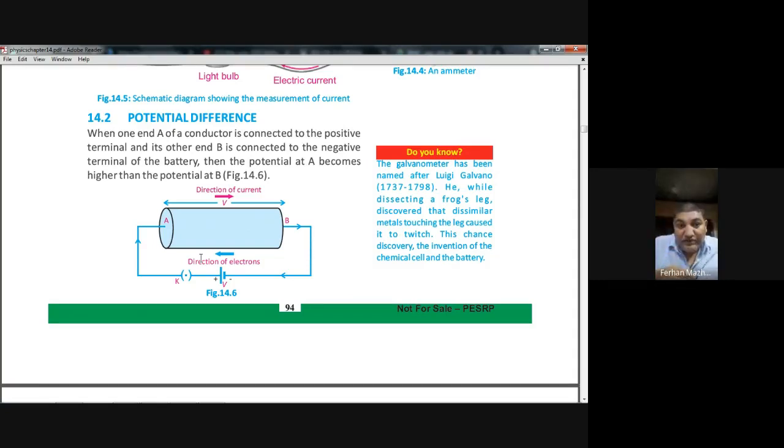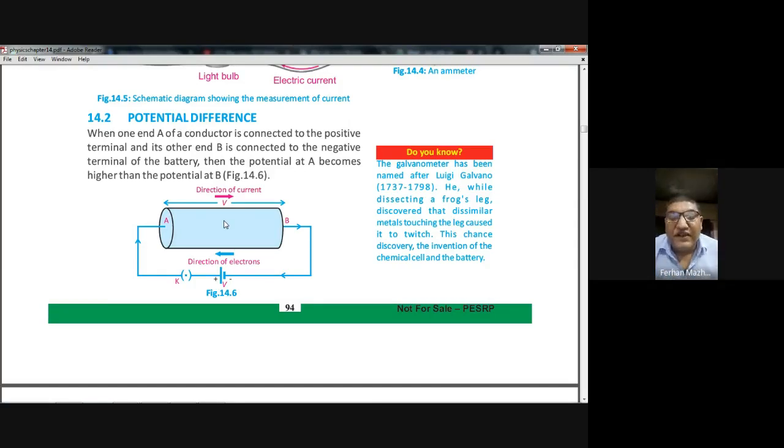Okay, so it means that whatever electric energy is provided by the cell, the whole of that energy should be lost here. Whatever energy those charges have is supposed to be converted into another form. For example, if I put a light bulb or an LED here, the electric energy will be converted into light energy.